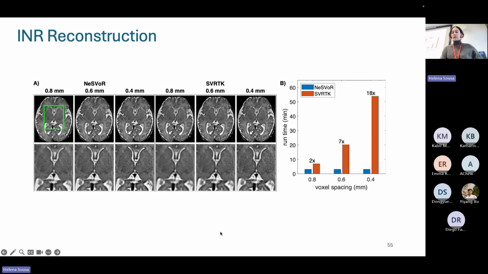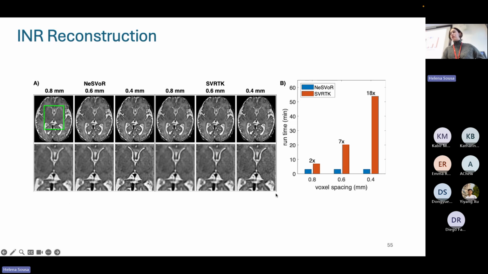And like I was saying, one of the advantages of NESVOR is that at inference we have this resolution agnostic model. So at inference we can output this volume in whatever resolution we want.